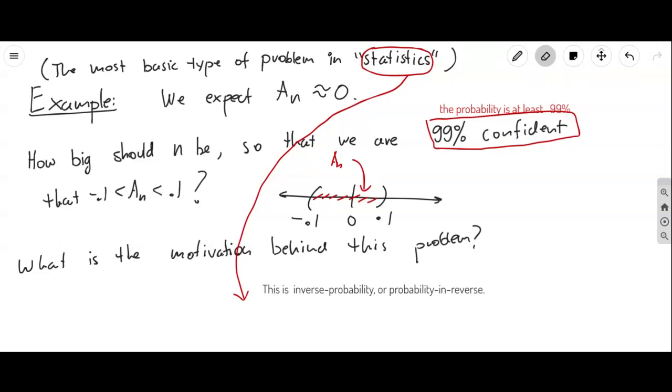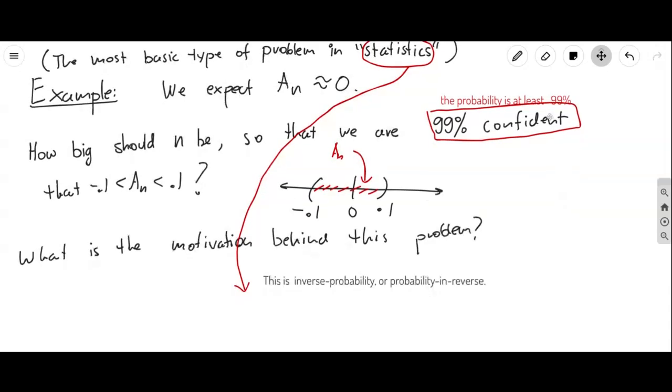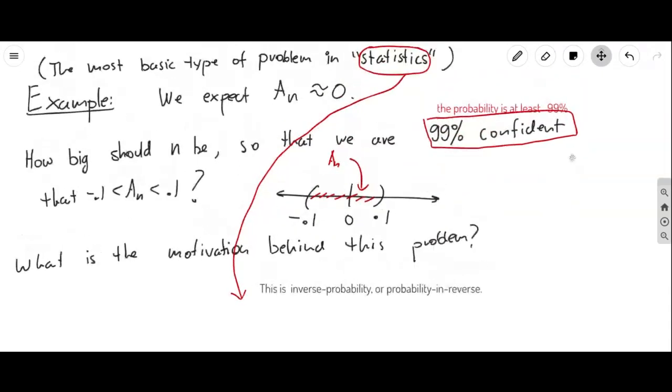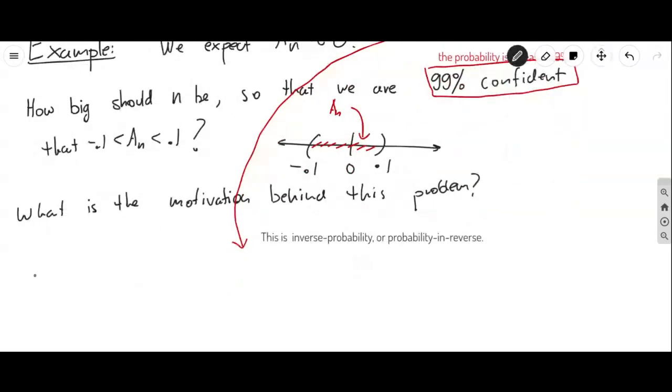Now, to give you a more concrete example of what we're doing, and this is basically what we're asking here. So the above question, the above problem, is a special case of what is known as polling.